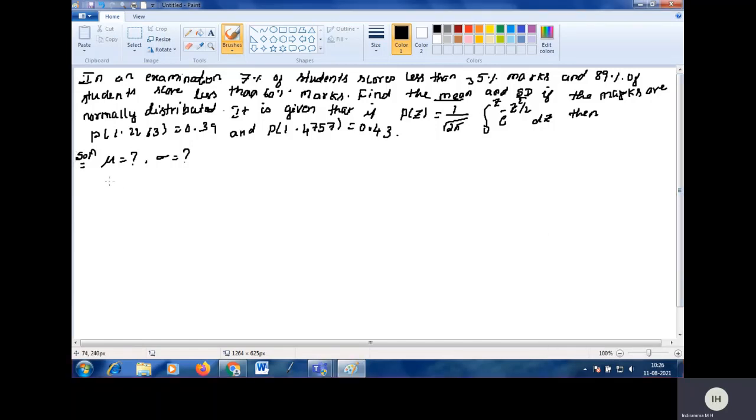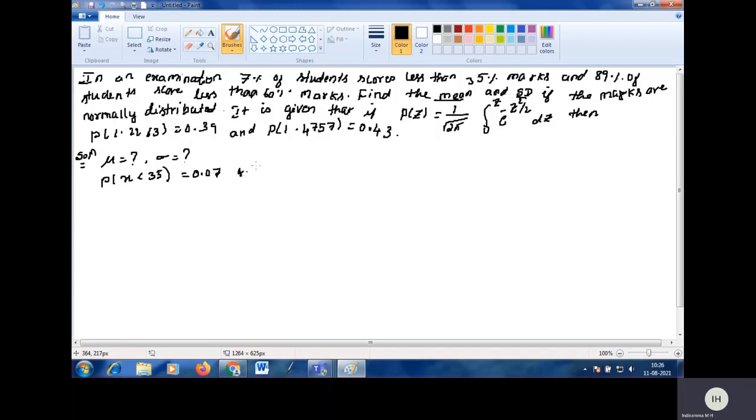First we have to consider the data that is given. In an examination, 7% of students score less than 35 marks. That means probability of x less than 35% of marks will be equal to 7%, that is 0.07.